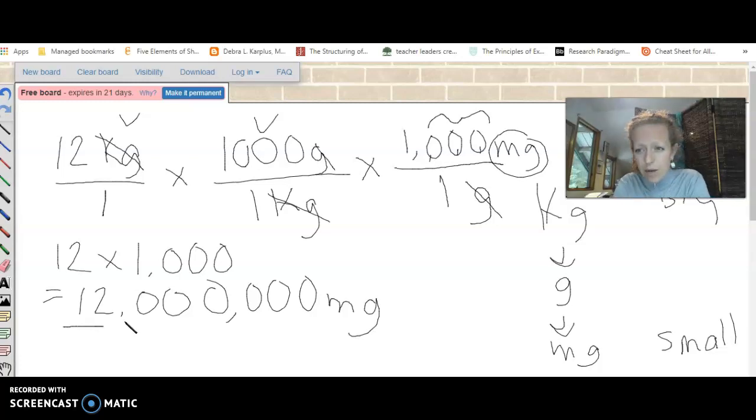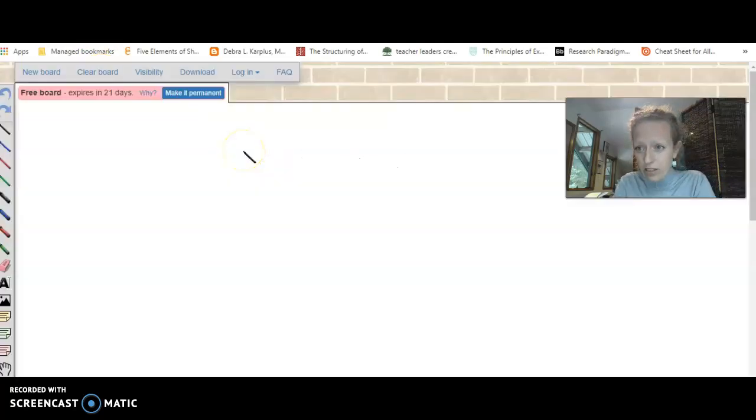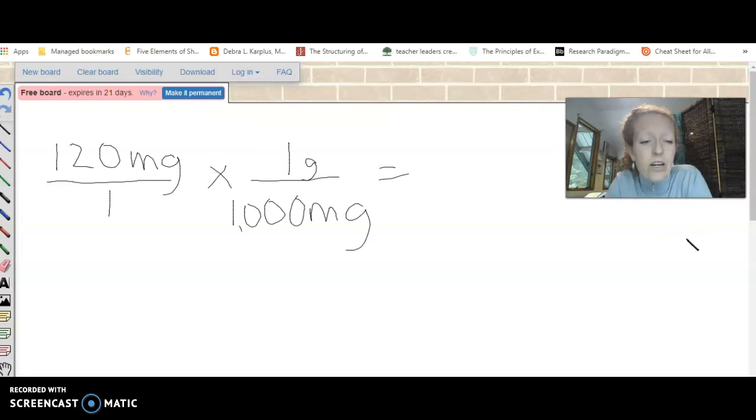All right, so in the last problem, we went from a large unit to a small unit. And let's go ahead and try now moving the opposite direction. We're going to go ahead and go from a small unit, milligrams, to our medium-sized unit of grams. All right, so I'm going to take 120 milligrams, put it over 1, and then I'm going to look at my relationship between grams and milligrams.